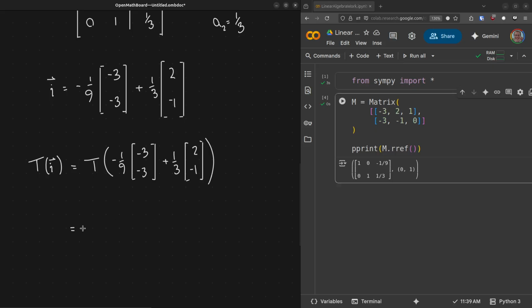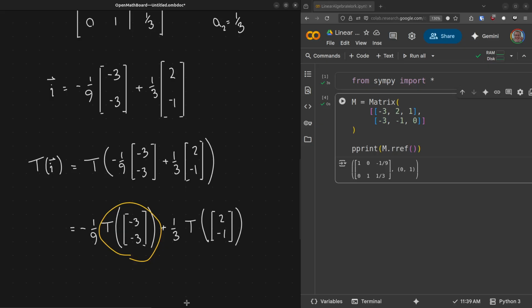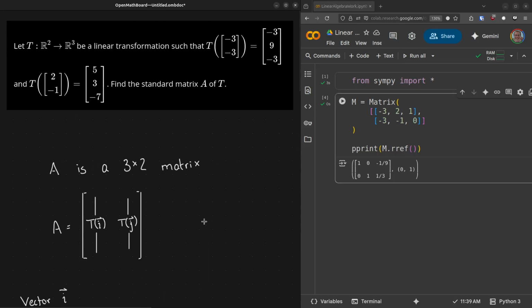So if I apply those two operations, I'm going to get negative 1/9 times the transformation of (-3, -3), plus 1/3 times the transformation of (2, -1). And this is the whole purpose of why we're doing this, because I actually know the transformation of (-3, -3) and of (2, -1). I'm told that at the beginning.